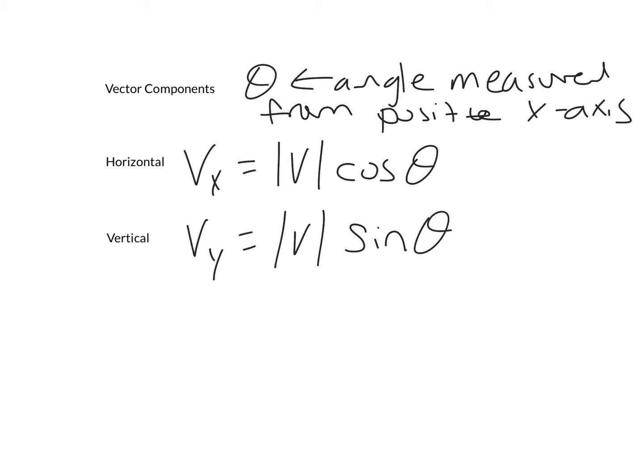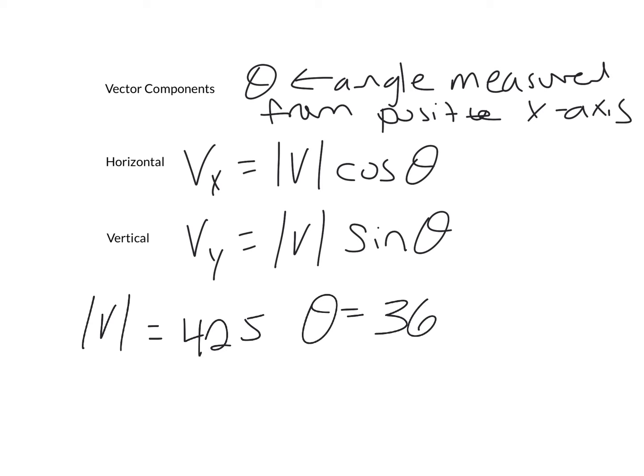Let's say, for example, we have a magnitude of 425 and an angle of 36 degrees and 10 minutes. What would our horizontal and vertical vector components be?